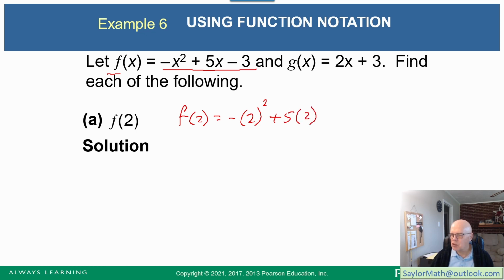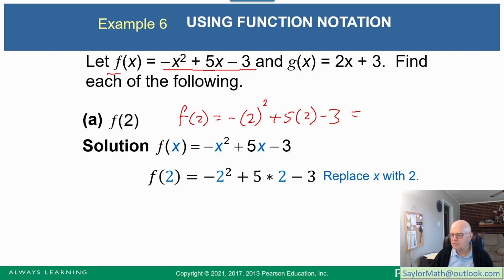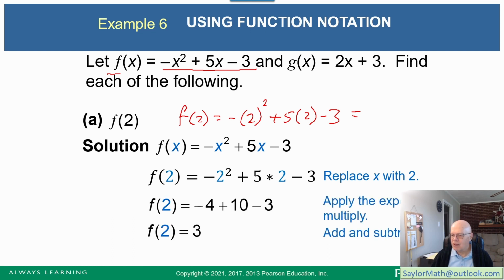This time x is 2 and minus 3. Just evaluate that. 2's in, get your second coordinate. So this represents the ordered pair 2, because that's what you use for x, and that's what you got for y using function f.